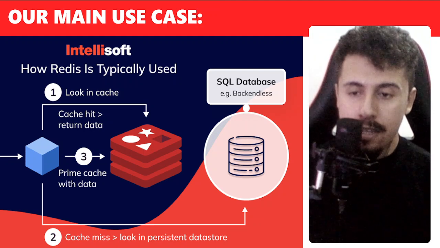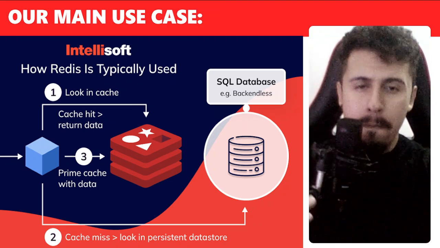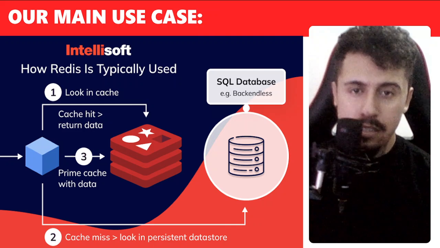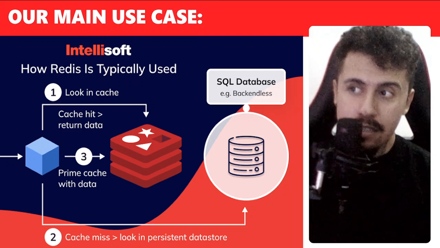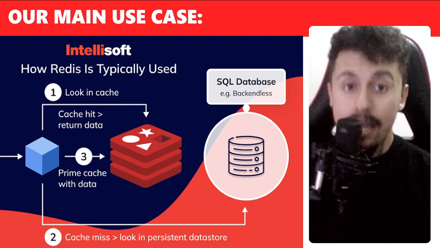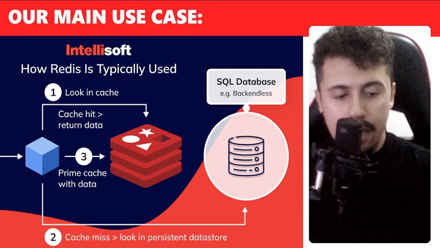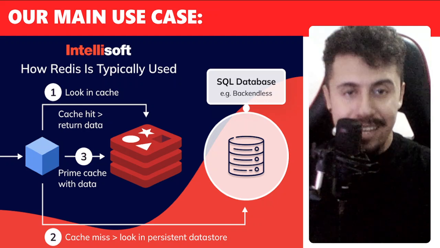So we have to find a healthy balance between storing data in the caching layer, in an in-memory database, and storing data in a disk-based database.